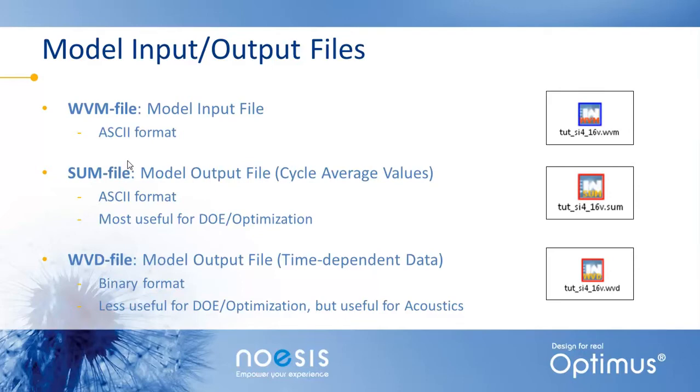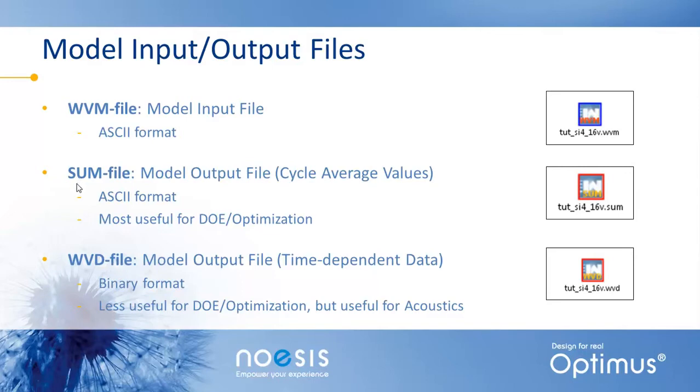The results of the calculation are stored in two different results files. First of all, we have the text-based sum file, which contains all the cycle averaged values. This is a very important file for this kind of design of experiments and optimization.